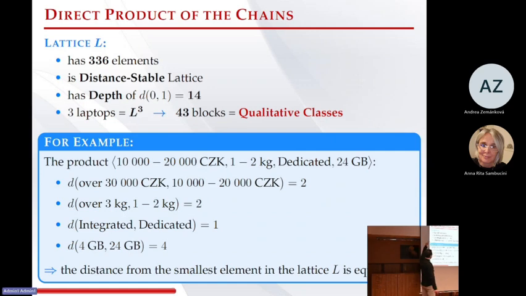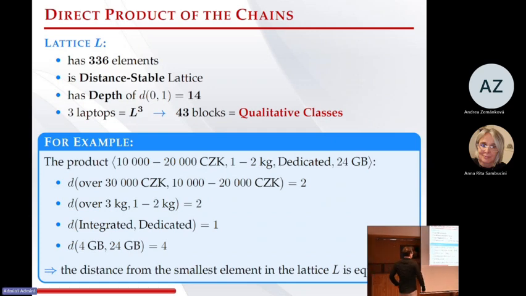This lattice has a depth of 14, where depth is the distance between the smallest and the greatest element in the lattice. And if we want to buy 3 laptops, we use a ternary aggregation function on this lattice, and we get 43 blocks, so-called qualitative classes.